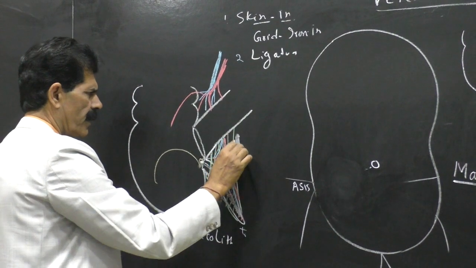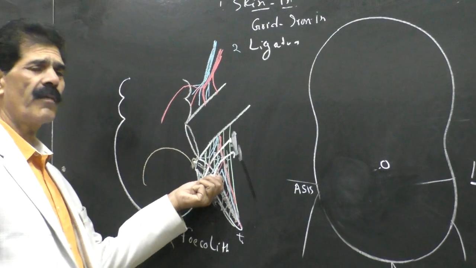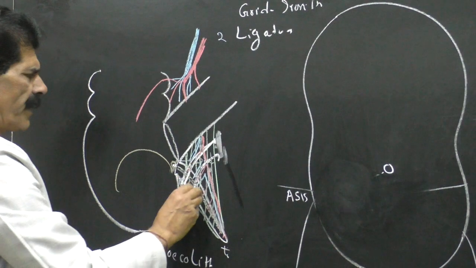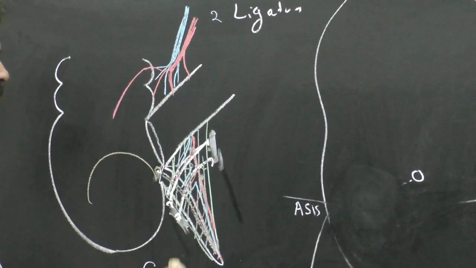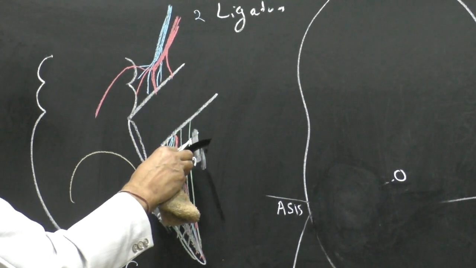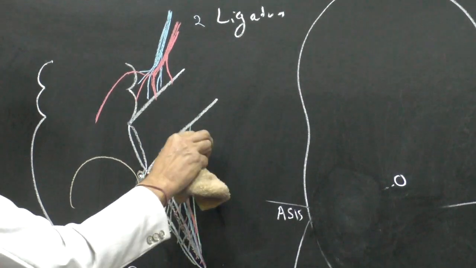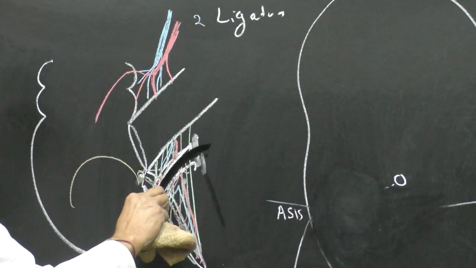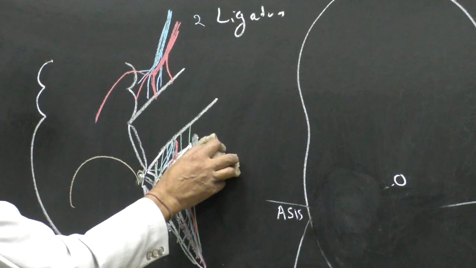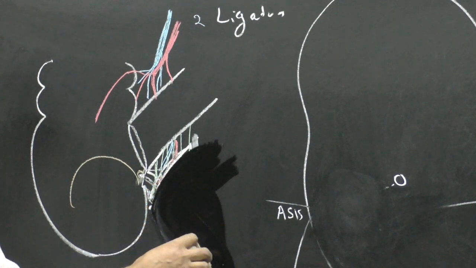A thread is taken and we ligate the vessels as well as the appendix together along with the mesoappendix. Two knots are applied, and we cut the mesoappendix along with the appendicular vessels, and also cut the appendix. In this way we do the appendicectomy. Now the appendix is removed, and this is how we do the appendicectomy.